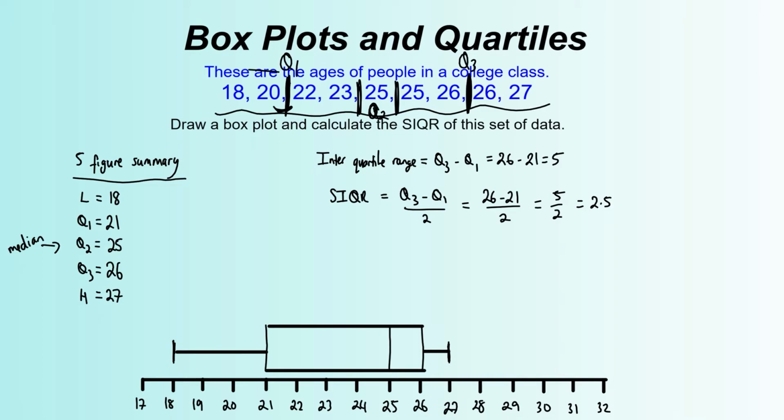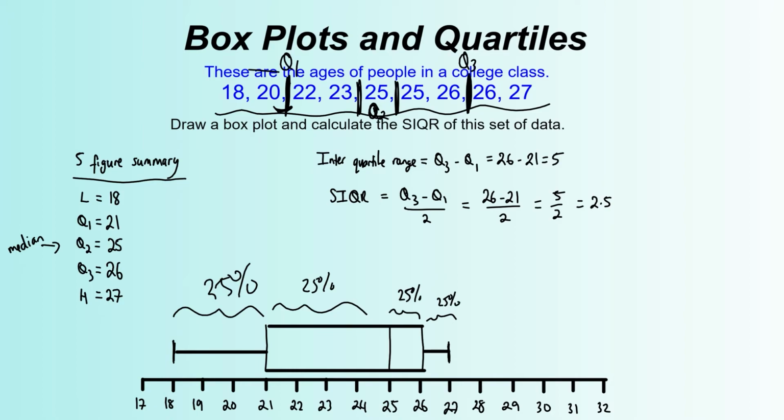So from here to here, that's 25% of your values. Here to here contains 25% of your numbers, and 25% of your numbers, and 25% of your numbers. Okay, so all your numbers are split into 4 groups here.